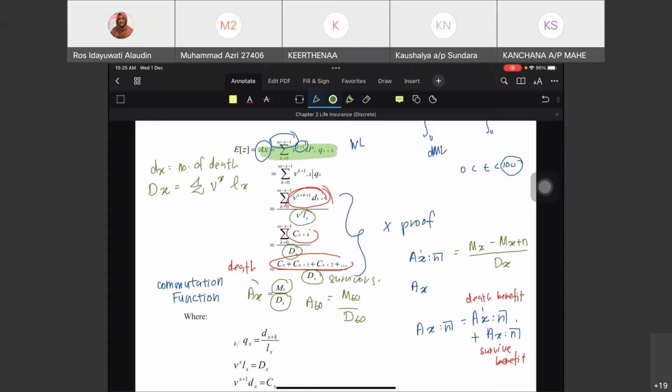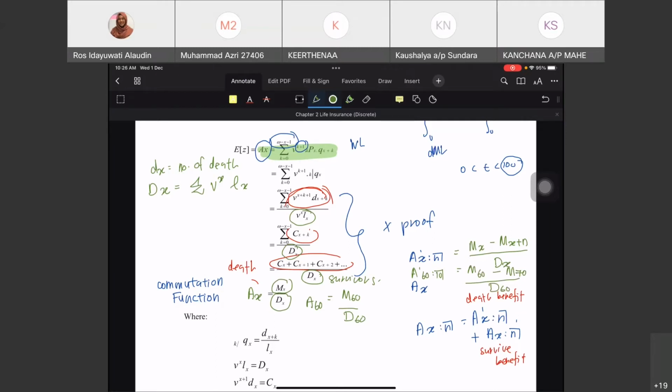So if let's say x equal to 60, n equal to 5, or we can calculate using the summation. So let's say n is equal to 10. So M60 minus M70 over D60. So this is for term insurance. Then we can refer to the table.